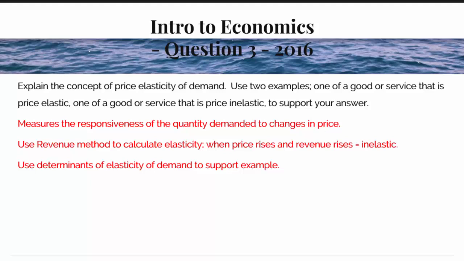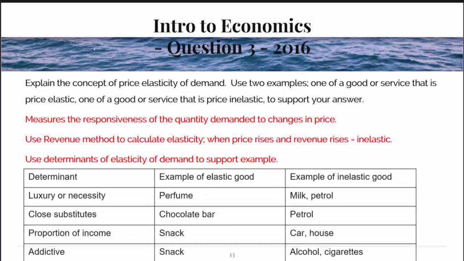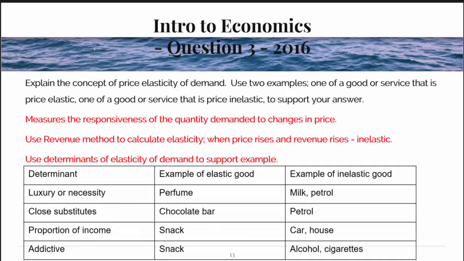In order to provide examples, I suggest that you relate it to determinants of demand elasticity. So you can see here I've got the determinant down here: is it a luxury or a necessity? An elastic good would be something like perfume, something that's not necessary, as opposed to milk and petrol.